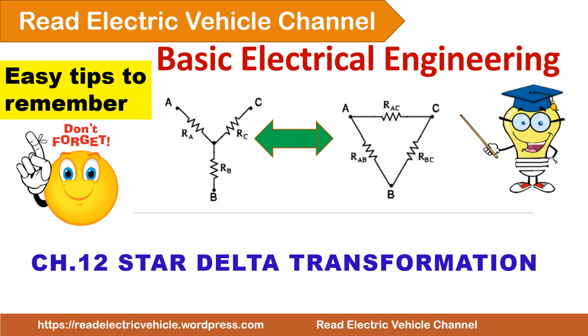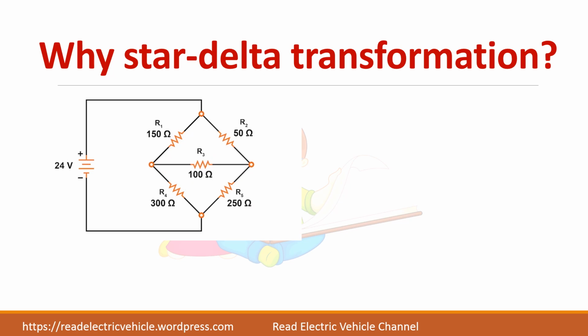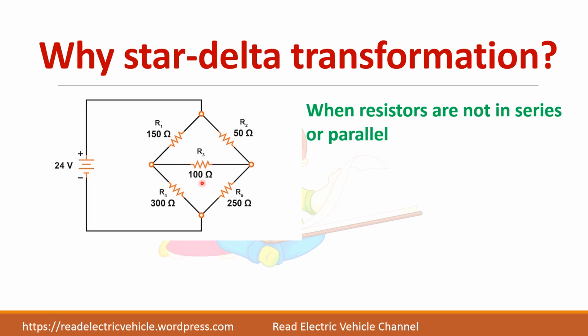In this video, let us see about star-delta transformation. So if you have a network like this and you want to measure the resistance between these 2 points, this point and this point, it is not easy because all the resistances are not in series parallel combination.